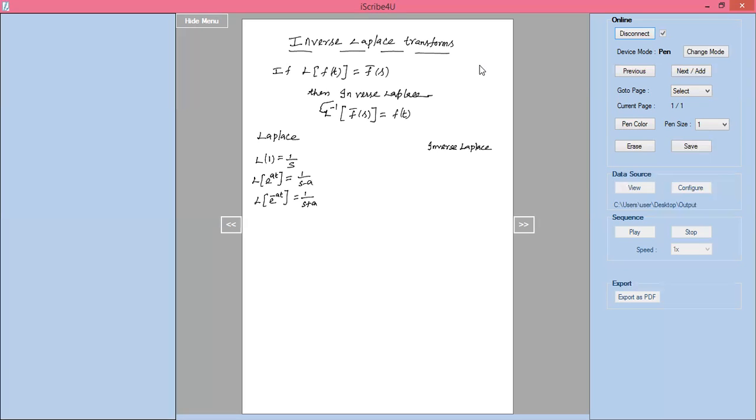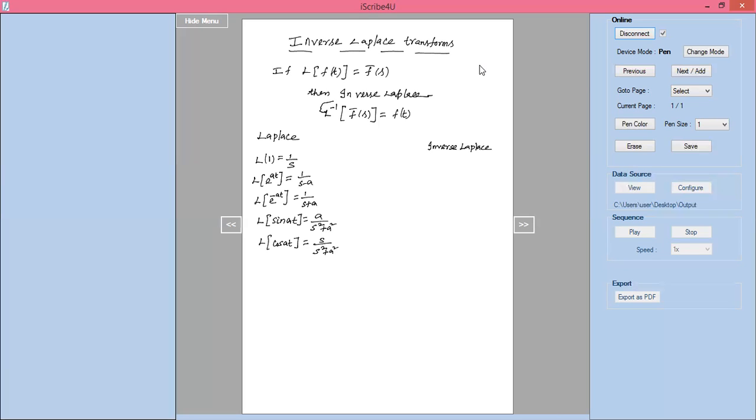L of sin at equals a divided by s square plus a square. Next, L of cos at is s by s square plus a square.